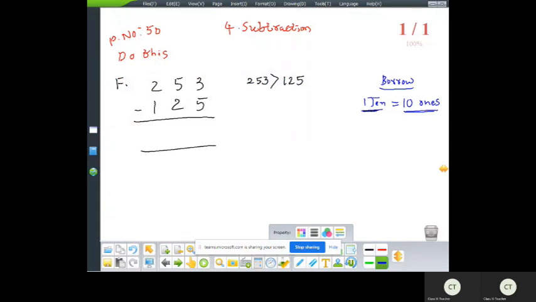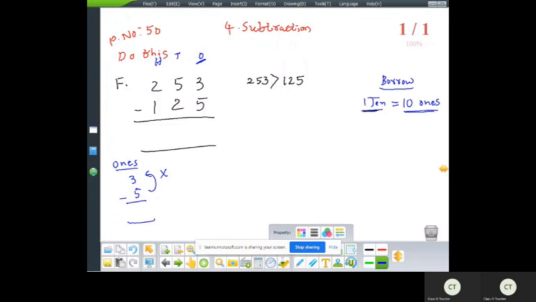Now write the place values of the numbers: 1, 10 and 100. Now subtracting on 1. The digits in ones place are 3 and 5. It means 3 minus 5, 5 is subtracting from 3. But 5 is bigger than 3. We cannot take 5 from 3.